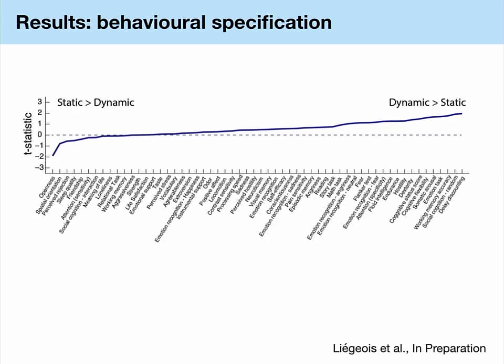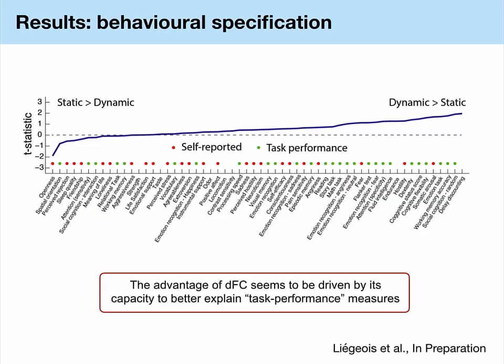And if we now label the different measures as follows, so in red we have the self-reported measures, which are the measures for which we have asked the subjects, for example, to evaluate his feeling of loneliness or the quality of his social connections.